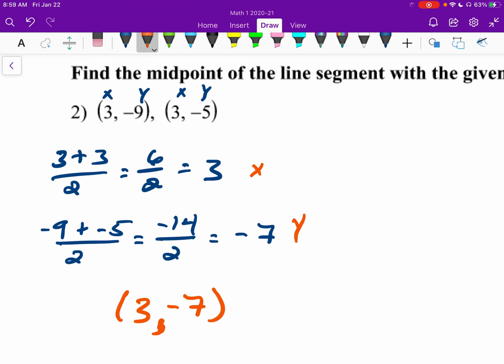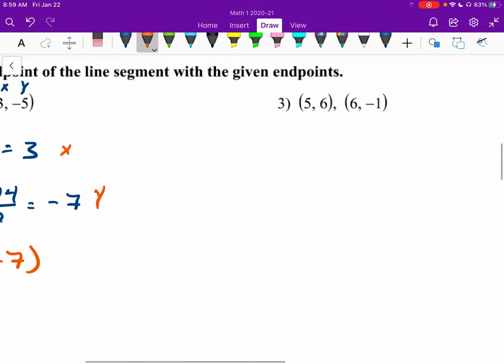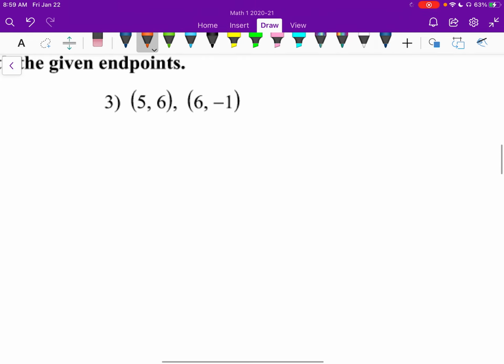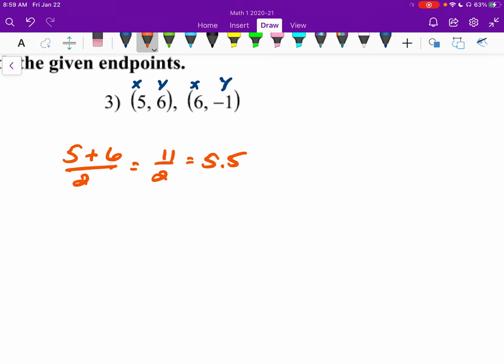Okay. Hopefully that's pretty easy for us to grasp. Let's look at number 3. So my x, my y, my x, and my y. I'm going to take my x's, add them up and divide by 2. So 5 plus 6 over 2 is 11 over 2, which is 5.5. This is my x.